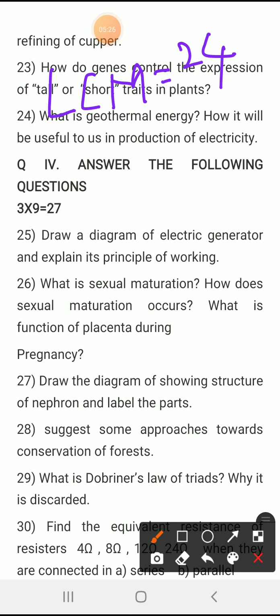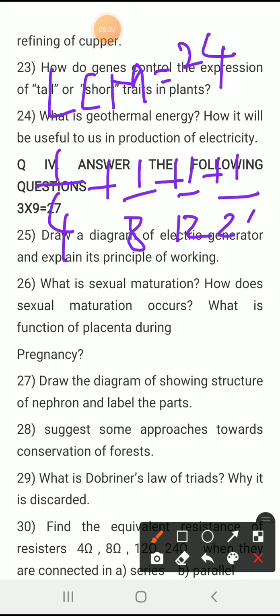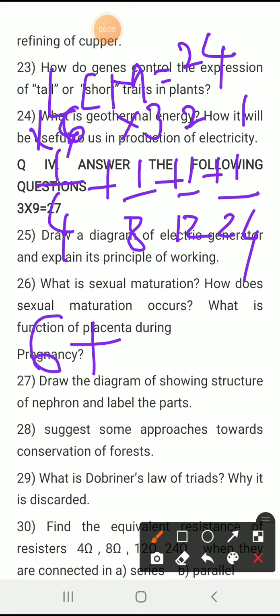We have 4, 8, 12, 24. So 1 by 4 plus 1 by 8 plus 1 by 12 plus 1 by 24. Got it. So 4 6s are 24, 8 3s are 24, 12 2s are 24, 24 1s are 24. So 6 plus 3 plus 2 plus 1.